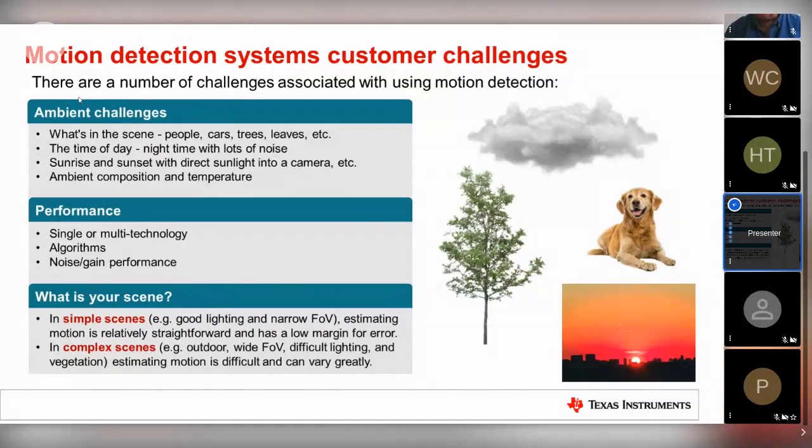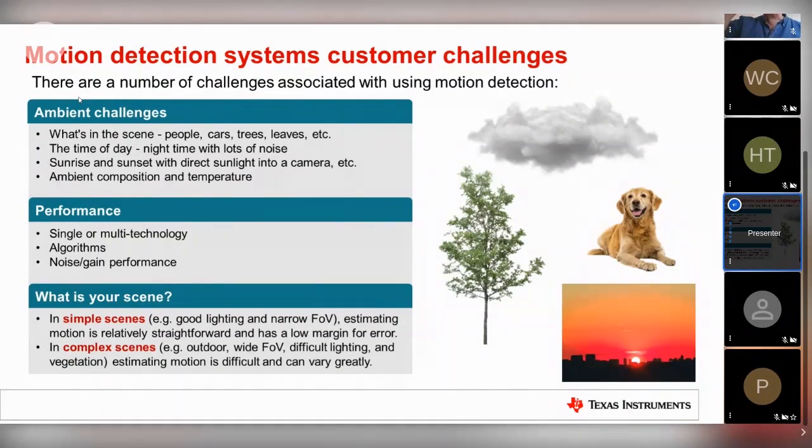So the first challenge that we have is ambient. If we are having motion detection that is outside, for example a video doorbell, then we want to detect the people. But unfortunately, we are going to detect the cars that are passing. We are going to detect the leaves of the trees that are moving, reflection of the sun from the windows of the next door neighbor when it's opening. Can be sunset, sunrise, direct sunlight.